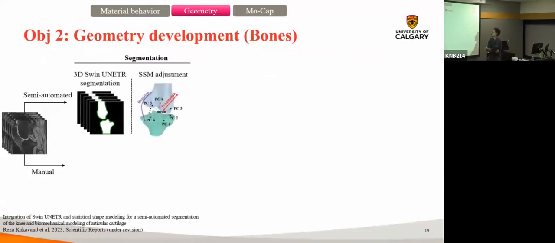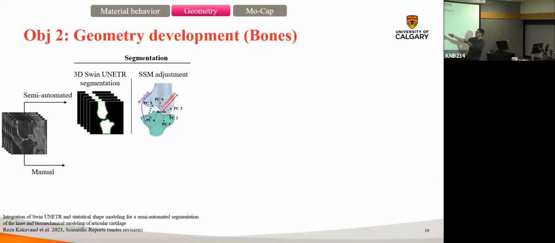The model that we introduced was 3D Swin UNETR segmentation. And the brain behind that is Payman, sitting at the end of the class. This model was introduced in 2022 and was applied to brain first. And then we use this model and adapt it to bones and cartilages.